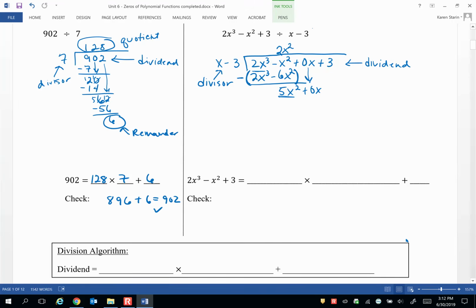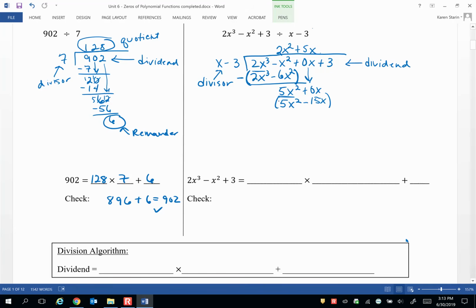So I have an x. I need a 5 as a factor and another x as a factor to get 5x squared. I'll take 5x times x to get 5x squared. Then 5x times negative 3 is minus 15x.